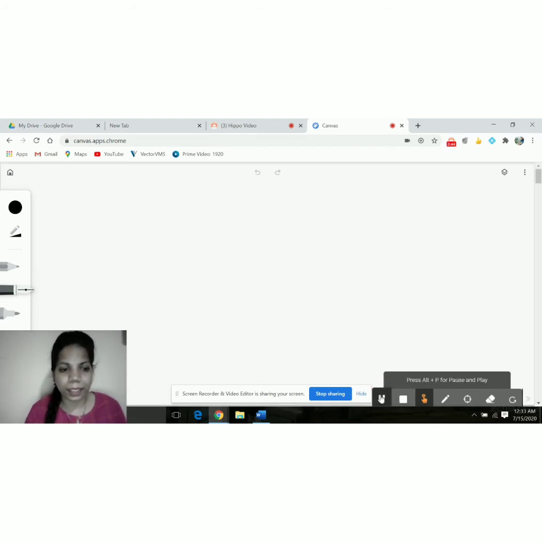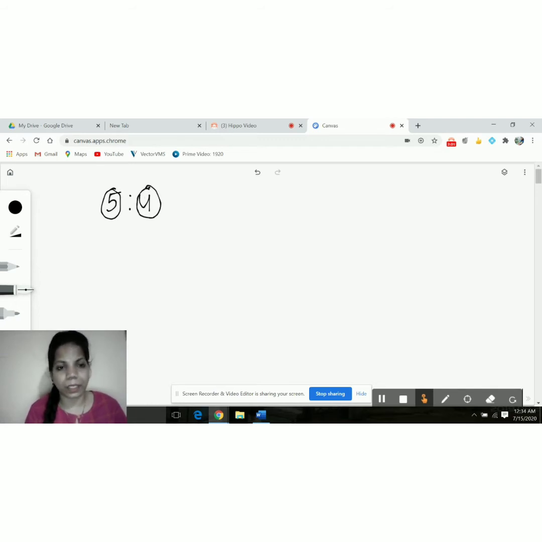Let us take another example of ratio. Now I am taking 5 is to 4. I am comparing these two numbers. Now here 5 is called antecedent and 4 is called consequent. And this 5 is to 4 we can write as 5 by 4 also.